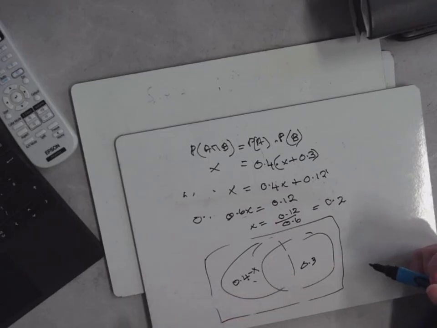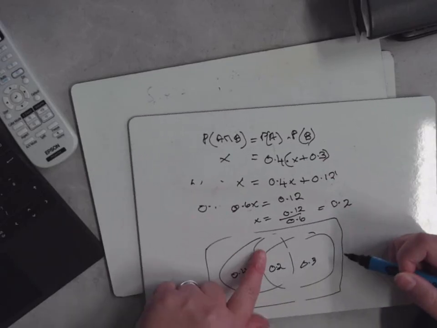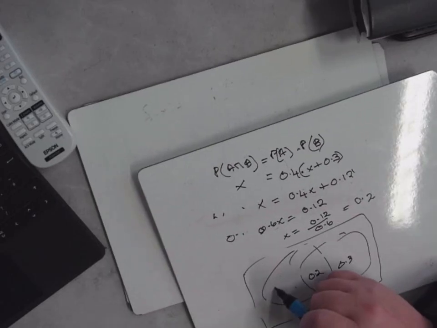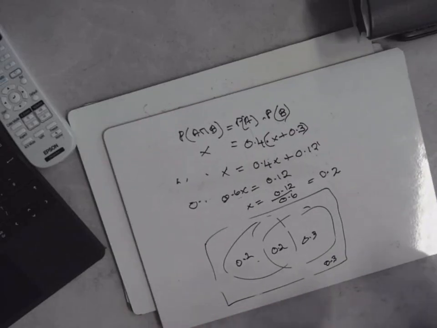That is right. So that's 0.2 in here, and that means that's 0.2 in here. And that means on the outside it's 0.3. And what's the question? I forget. Find probability of B: 0.5.